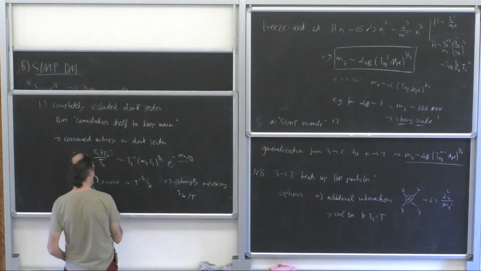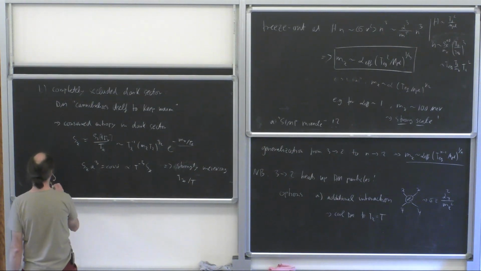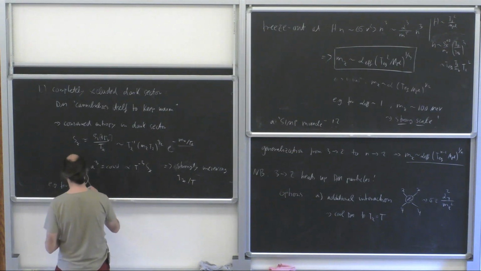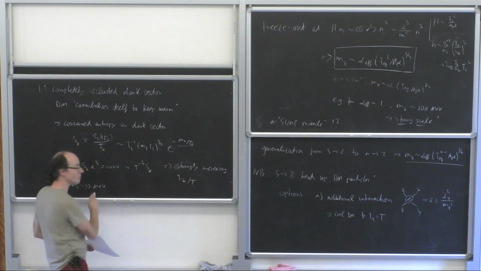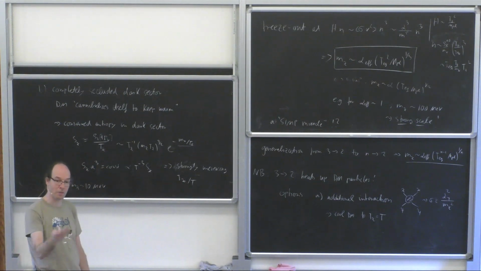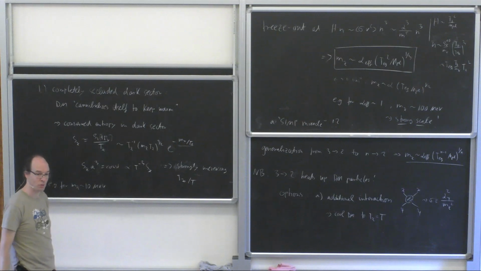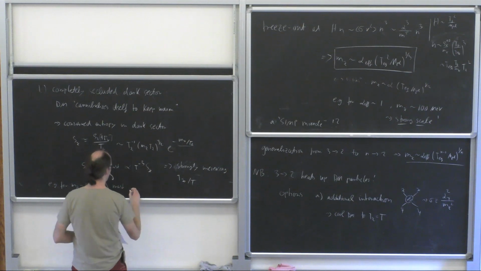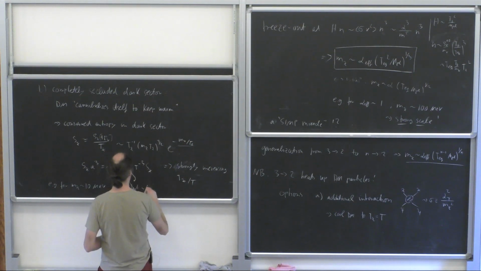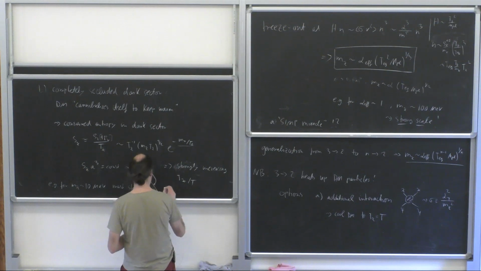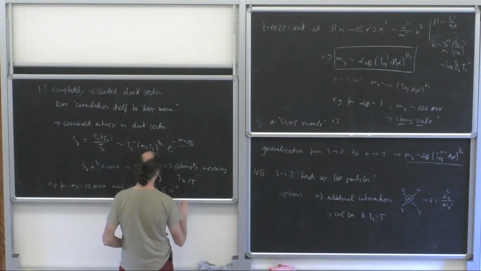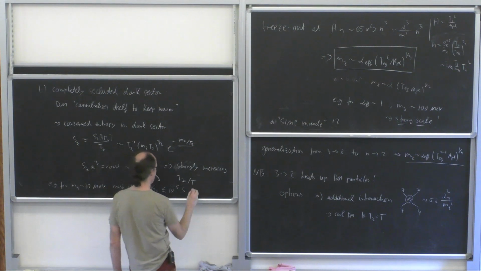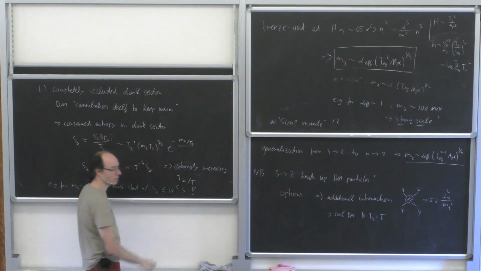So concretely, for example, for a dark matter mass of 10 MeV, which is already much heavier than the Lyman alpha bounds on free streaming that you typically have for sterile neutrinos, for example, you need an initial entropy that is smaller by a factor of 10 to the 5 than the standard model or the total entropy density.